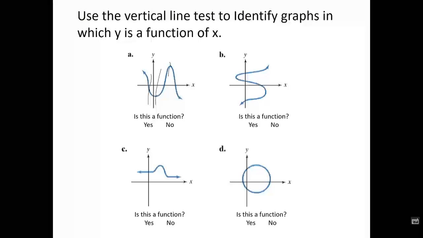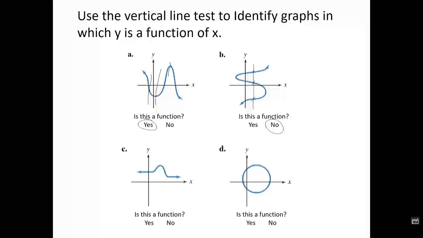So we know that the first graph represents the graph of a function. Is this a function? Yes. In the next graph, if I draw my vertical line, I see that the line intersects the graph in 3 points. Therefore, this graph violates the vertical line test. As a result, we conclude that the graph does not represent the graph of a function. Is this a function? No.